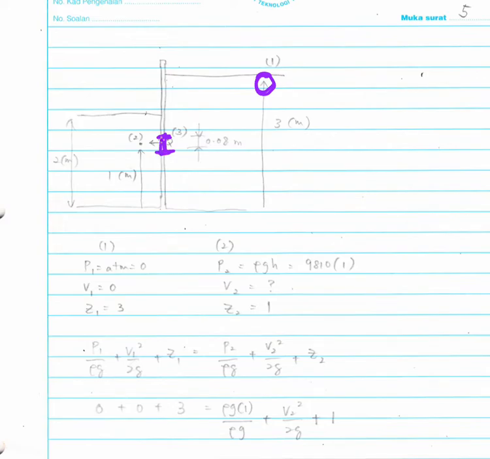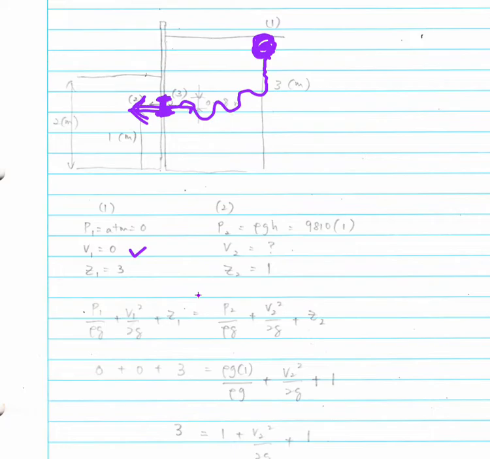When the orifice is open, water starts to flow. So this molecule starts from 0, then increases its velocity, and finally goes through the orifice. So the starting velocity of this molecule is equal to 0. This is our assumption here. Okay, boleh?